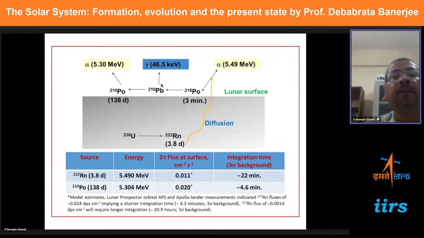And then you have uranium, and one of the decay products is radon in the uranium-238 decay series. It has a half-life of 3.8 days.